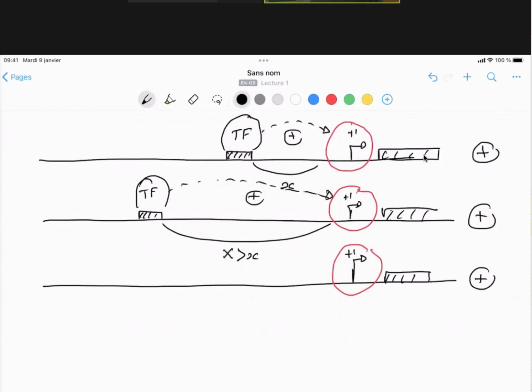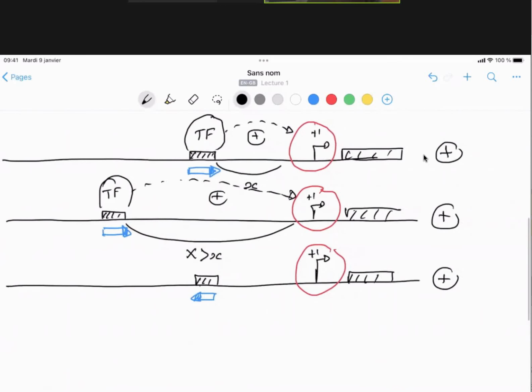Third configuration, so sorry, I will put it here, we put it in that direction. And here we put it in that direction. We can have this situation, so the cis regulatory sequence is exactly at the same place as the first case, but the orientation is the other way around, okay?